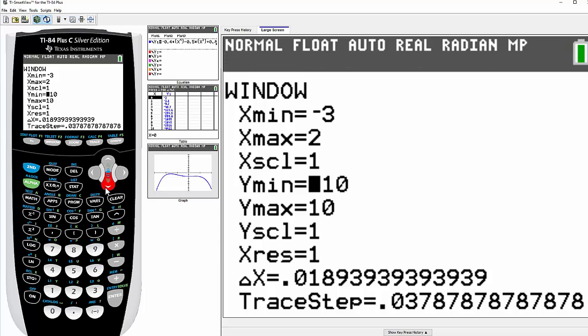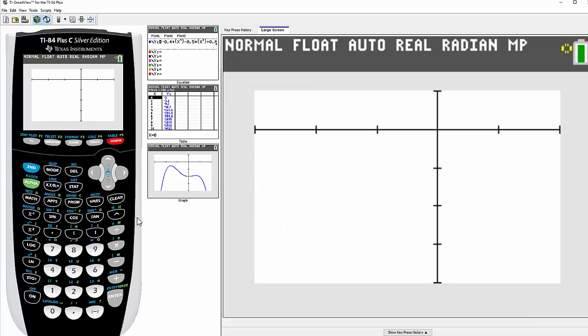I'm going to change my y values, and instead of going from -10 to 10, I'm going to go from -4 to +1. It's worth mentioning the values that you see here, x scale equals 1 and y scale equals 1, give you the distance between the hash marks on each of the axes. So on the x-axis, the hash marks are 1 unit apart, and likewise on the y-axis, the hash marks are 1 unit apart. Here's our graph.